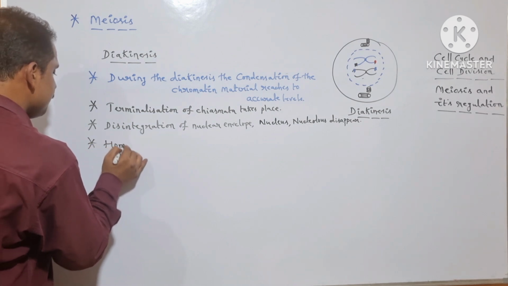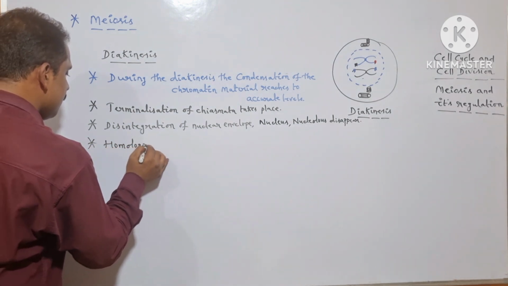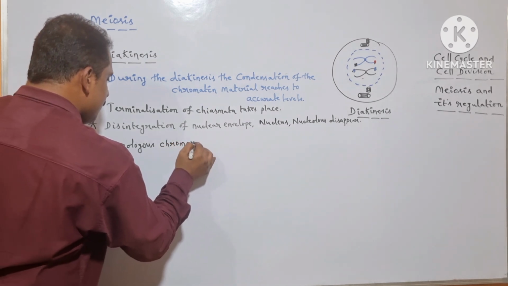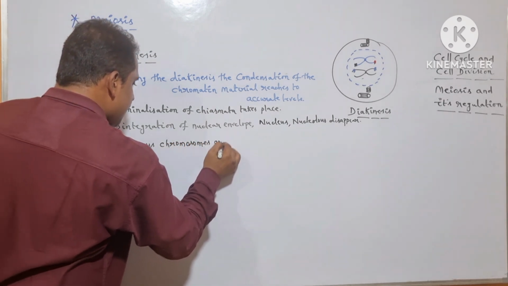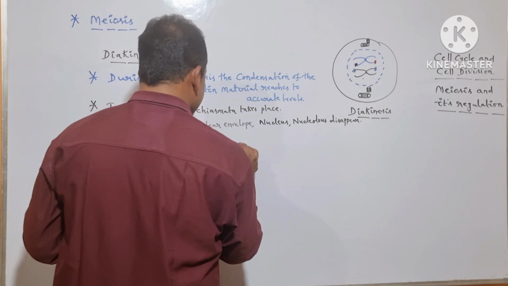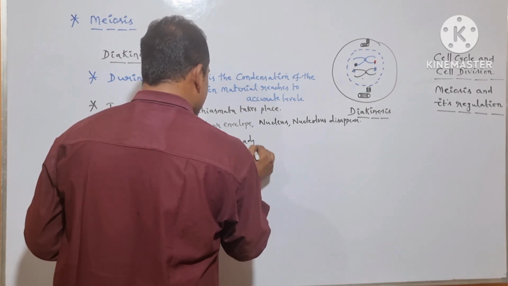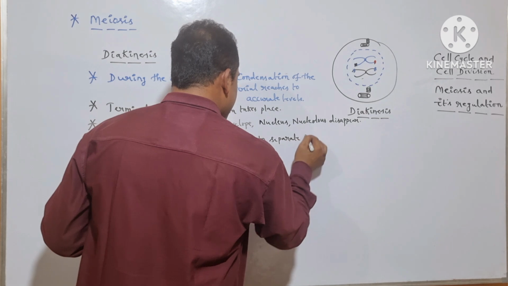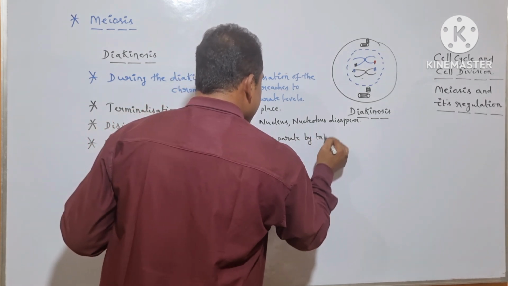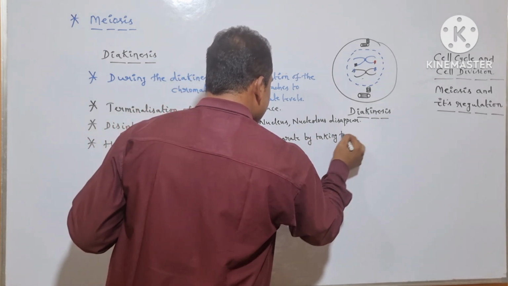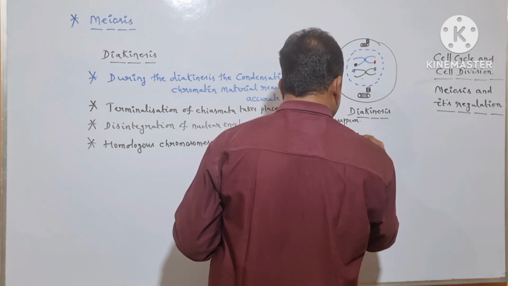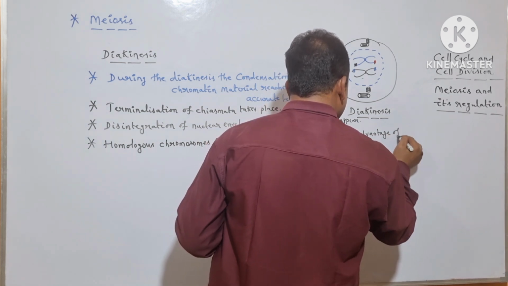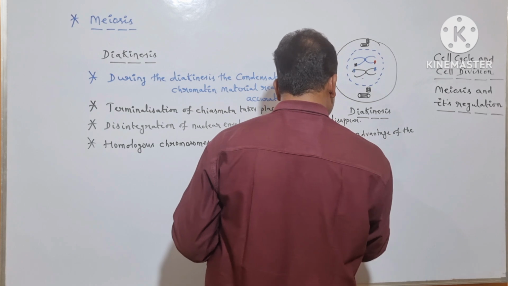Homologous chromosomes are ready to separate by taking the advantage of the organization of the meiotic spindle.